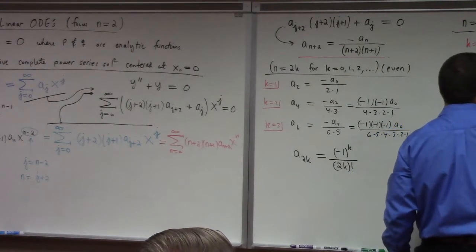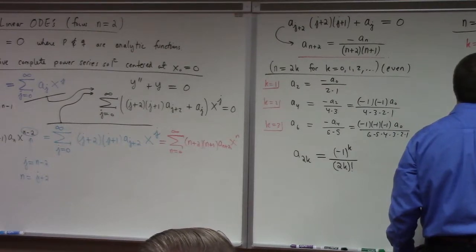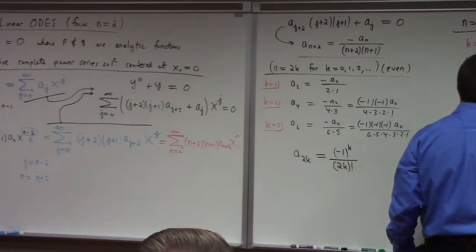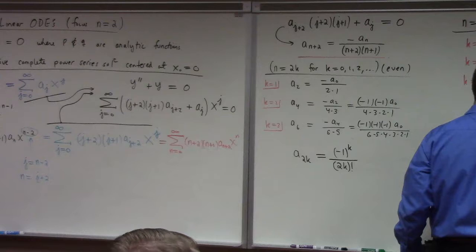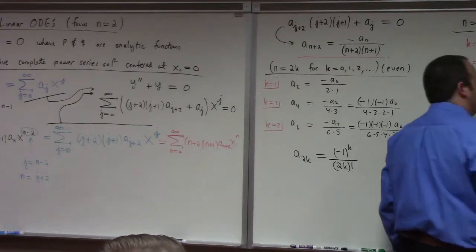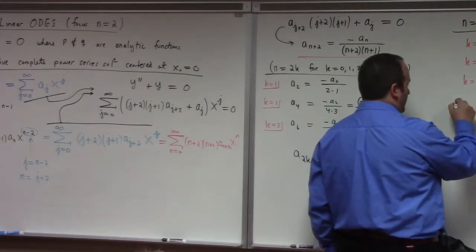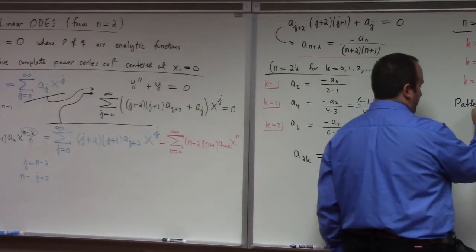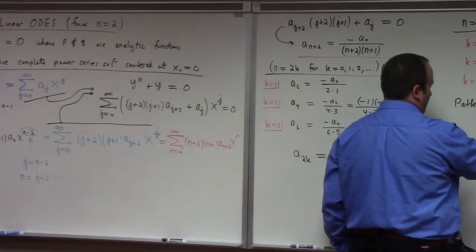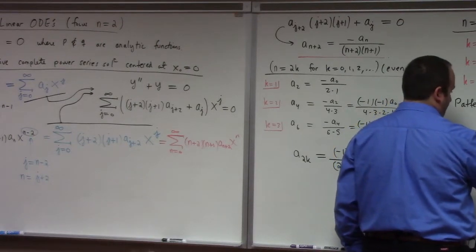I'm not sure how much writing you need to do here before you see the pattern. Probably not as much as I'm doing. That's going to be 7 factorial, right? So the pattern appears, right? What's the pattern? A sub 2k plus 1 equal to what?